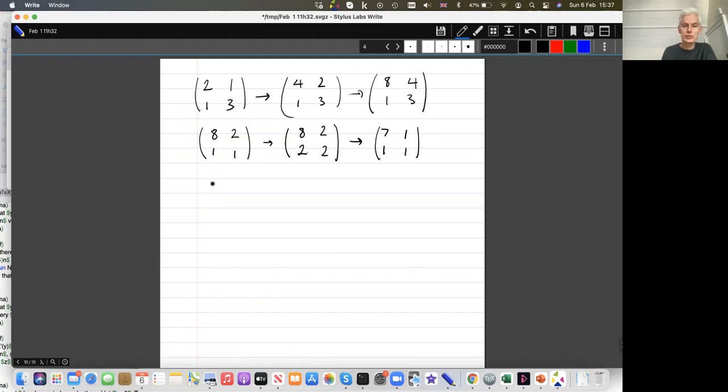So let me instead double the top, 14211, and double the bottom. I'm going to start getting into the same sort of situation that I had here. So how can I improve? Okay, so I will do that. I'll go for 28.4.